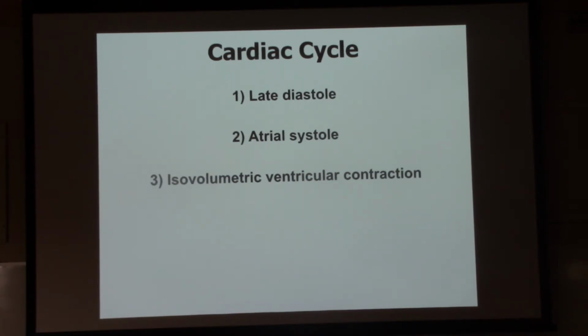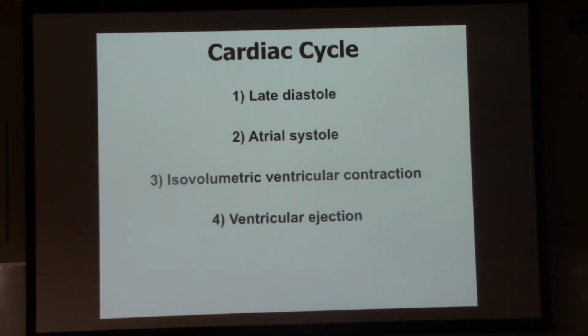All right, so it's clearly when the ventricles are contracting. And the word isovolumetric, what does iso mean? Same. So the volume of the ventricles will be constant during this phase while the ventricles are contracting, which at first sounds kind of weird. Why would it contract and not change volume? We will see. The fourth phase is ventricular ejection. So this is when blood is ejected from the ventricles.